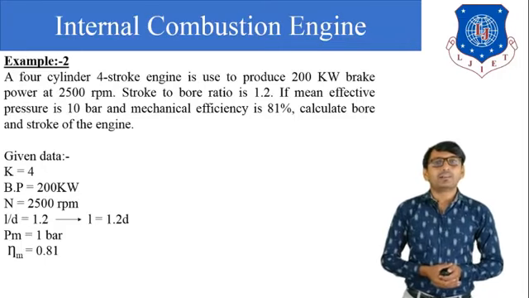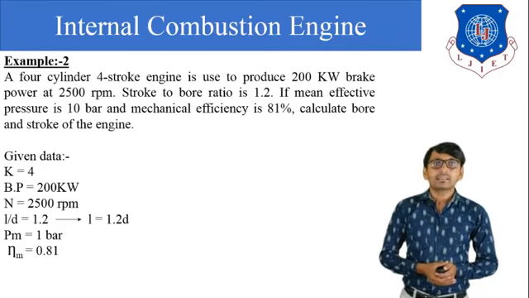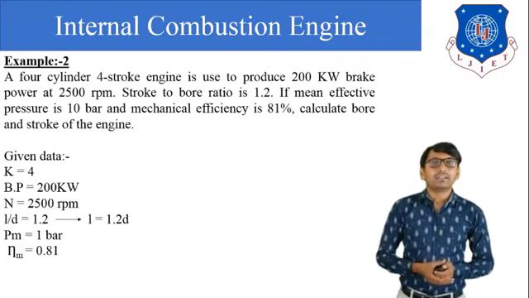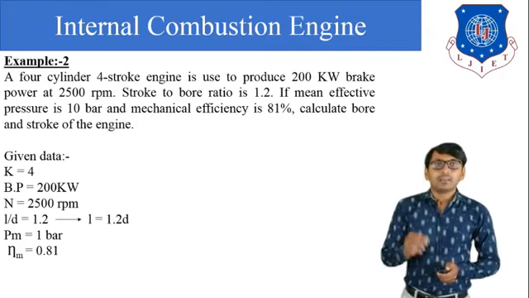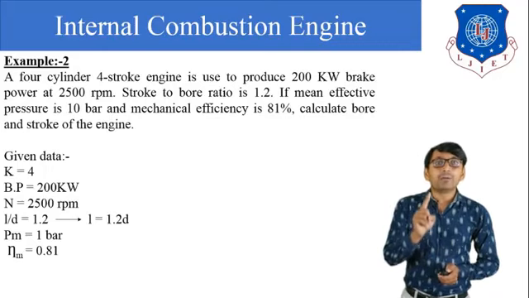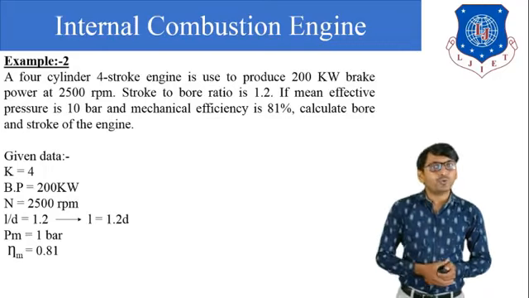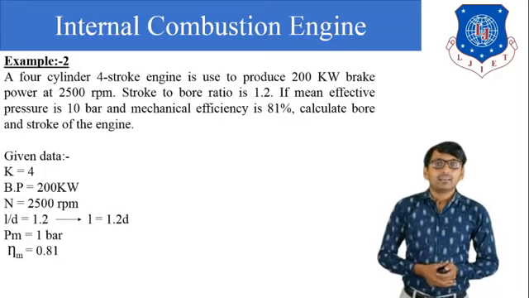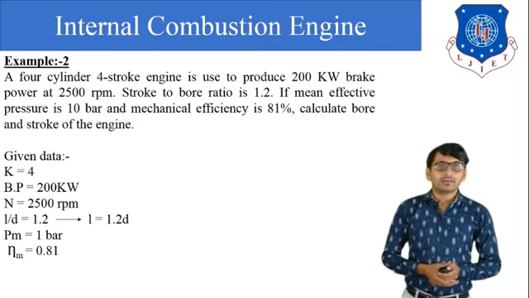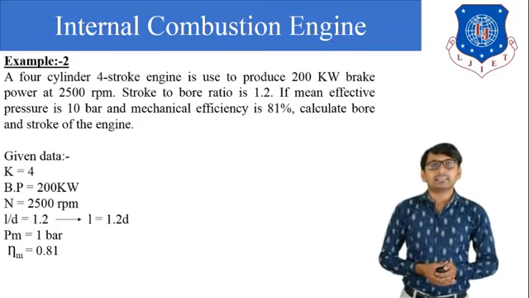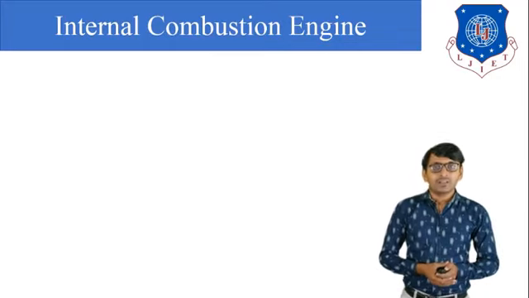Then brake power 200 kilowatt, capital N, engine speed 2500 RPM, L by D ratio, stroke to diameter ratio, that is 1.2. So L is equal to 1.2 D. Then PM 1 bar, mean effective pressure, and mechanical efficiency 0.81.